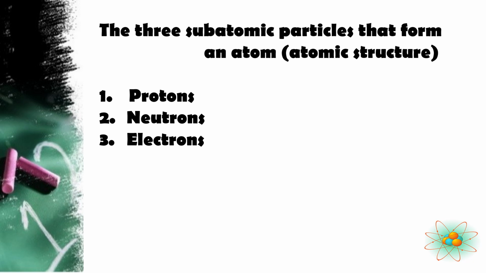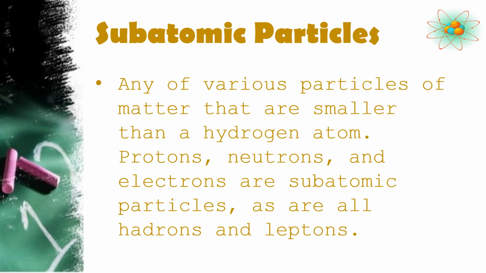That is why an atom can be divided into particles. Those are the protons, neutrons, and the electrons. Subatomic particles are any of various particles of matter that are smaller than a hydrogen atom. Protons, neutrons, and electrons are subatomic particles, as are all hadrons and leptons. Okay?